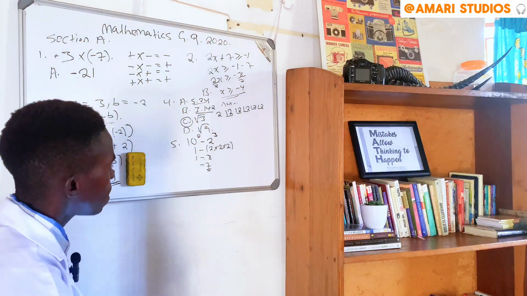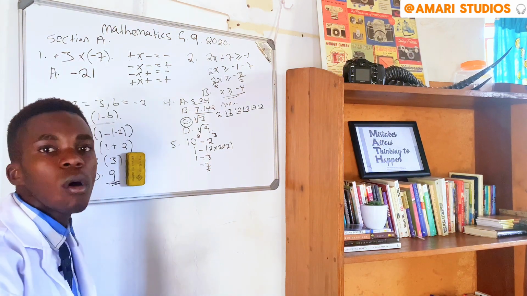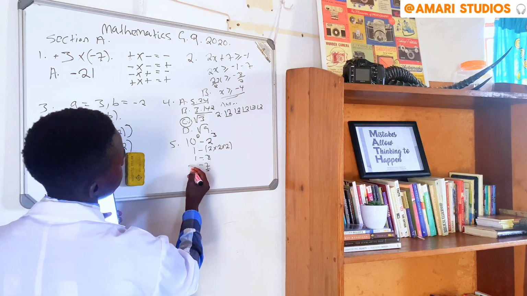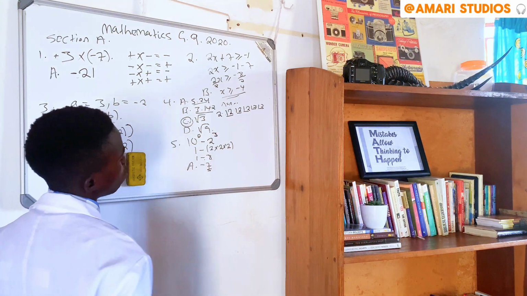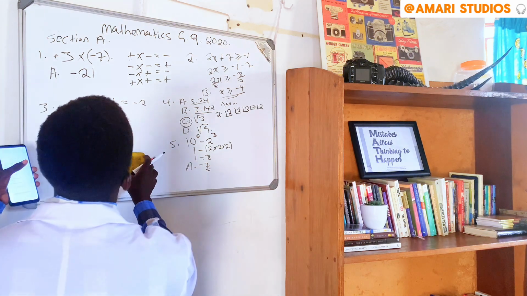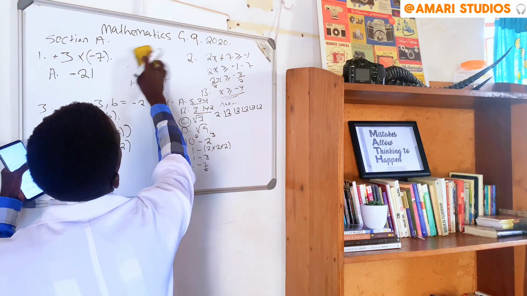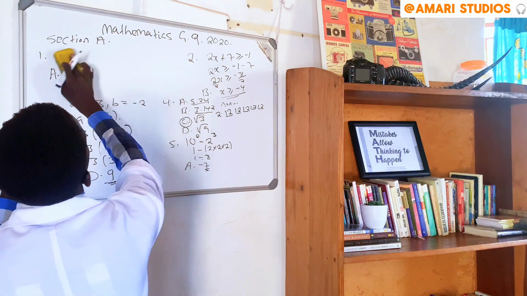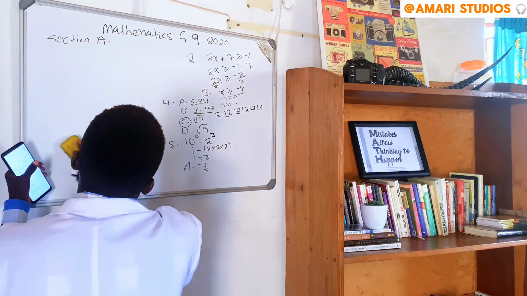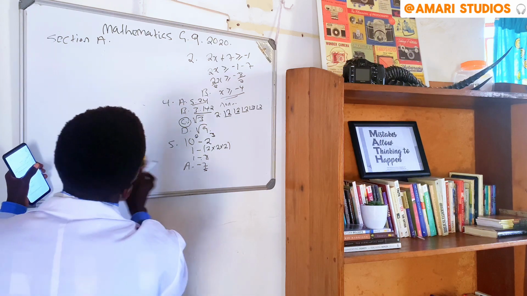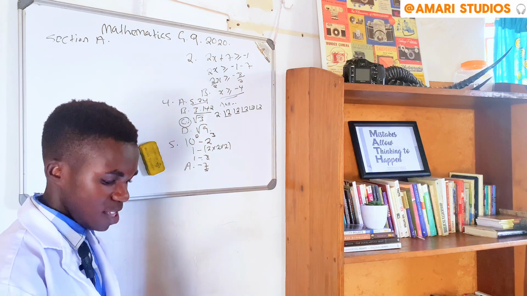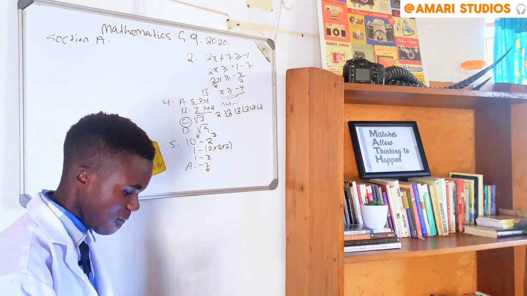So negative 7 is our final answer, and in accordance with our multiple choices, negative 7 was option A. As you can see, section A is always simple, always straight, and always forward. And here at Amari Solutions, everything is always simple, straight and forward.